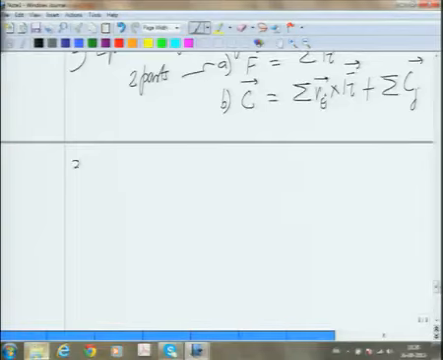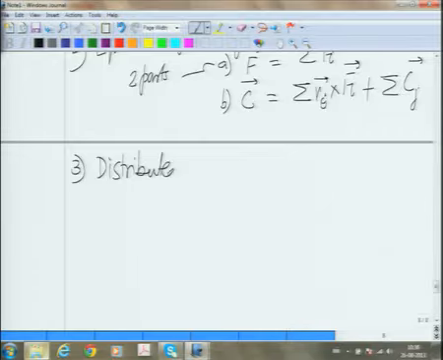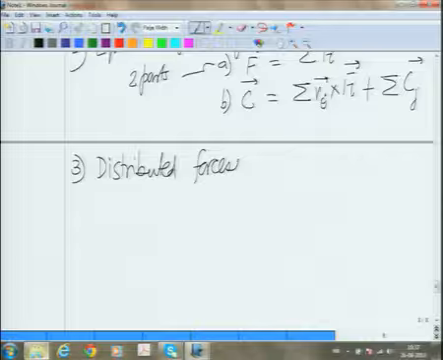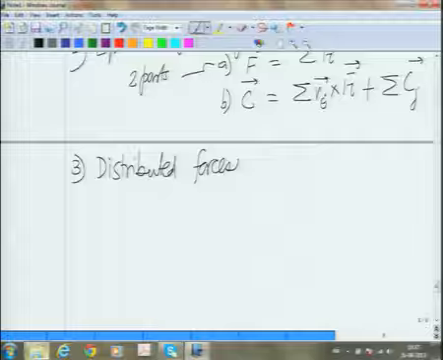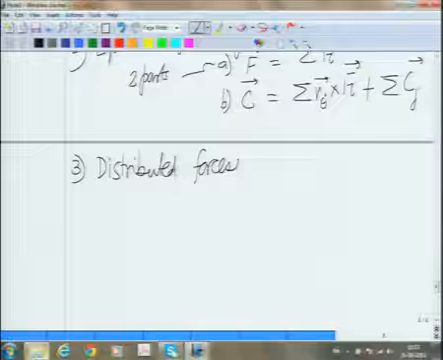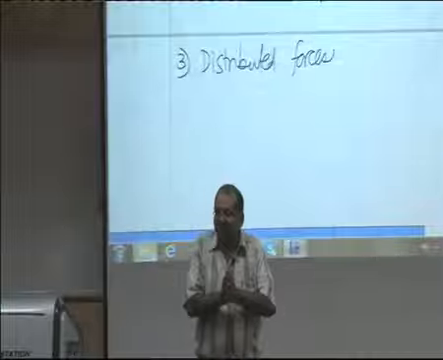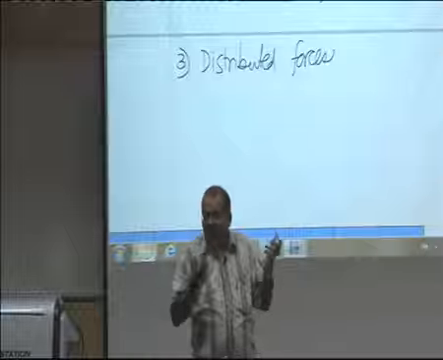Then we also did the concept of, we did this slightly later, but we did, if the forces are distributed, then how do we find their equivalents? A continuous distribution of forces, a linear distribution, that is what we focused on. We also said there could be a volume distribution or an area distribution. We did not focus too much on area till now, except in today's class, where we actually did the distributed systems I talked of without saying it was a distributed system, and where do you find the moments.